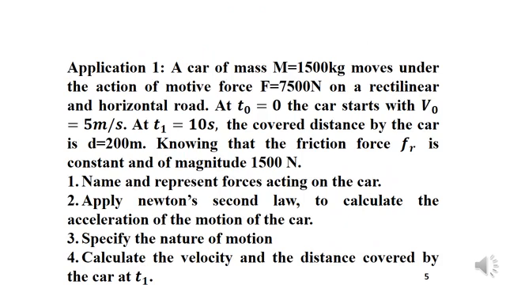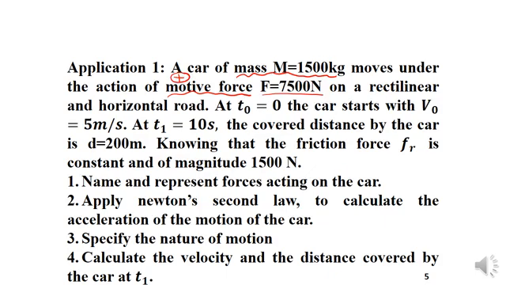Now we are going to solve an example about Newton's second law. Suppose that we have a car of mass 1,500 kilograms that moves under the action of a motive force. Motive force means it is a positive force along the direction of motion, 7,500 Newtons, on a rectilinear and horizontal road.